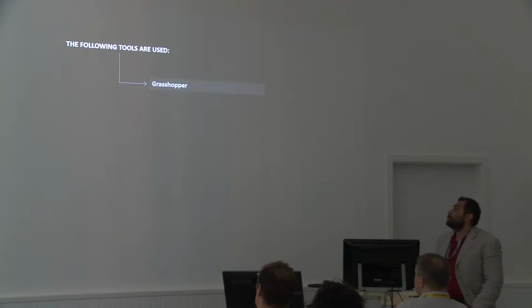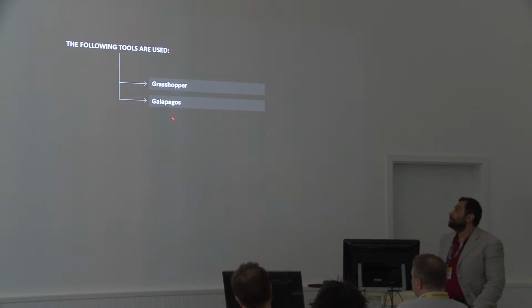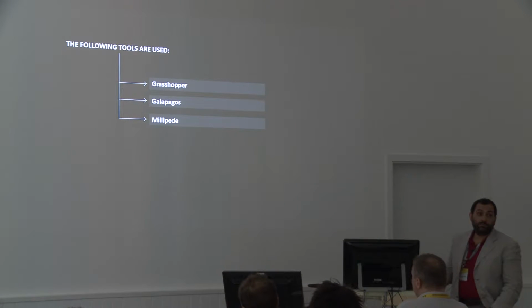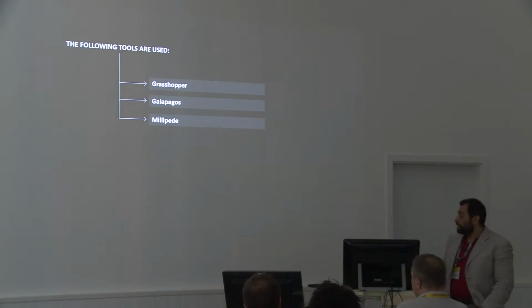These are the tools that we use during our research: Grasshopper and Galapagos. Galapagos is an evolutionary optimizer that runs under Grasshopper. It will do the heavy lifting for getting an optimized version of the structure. The point cloud that we just presented was produced by Manmade, a plugin that runs under Grasshopper.